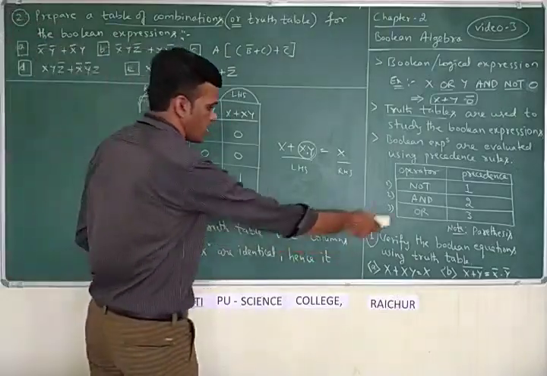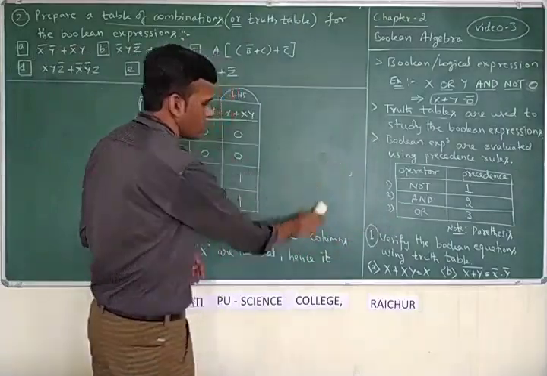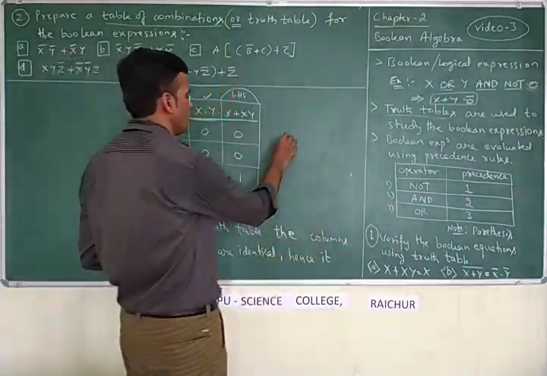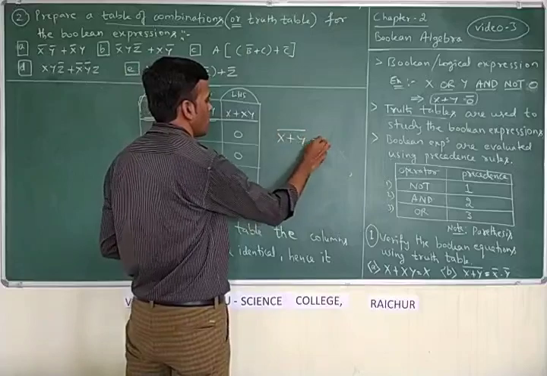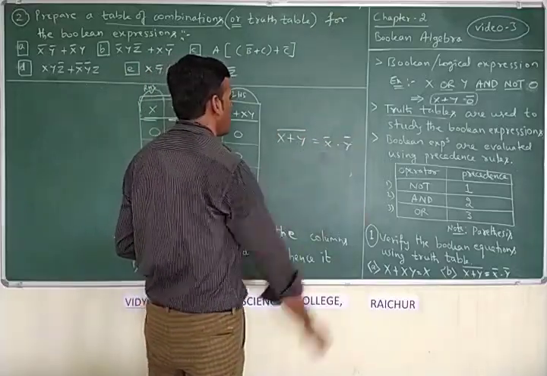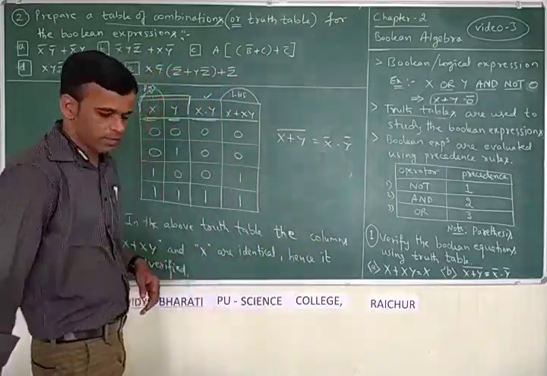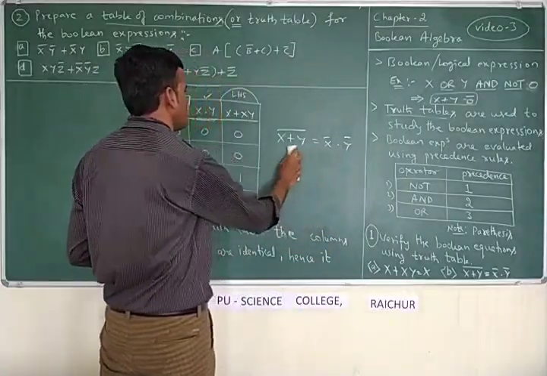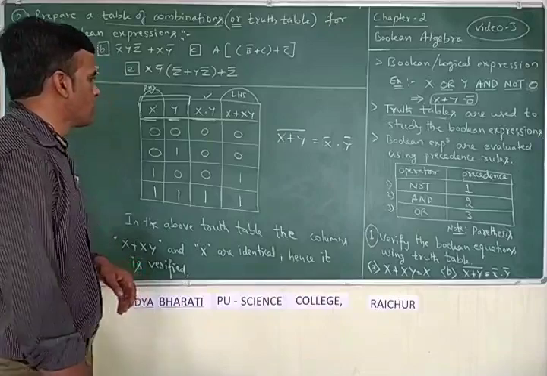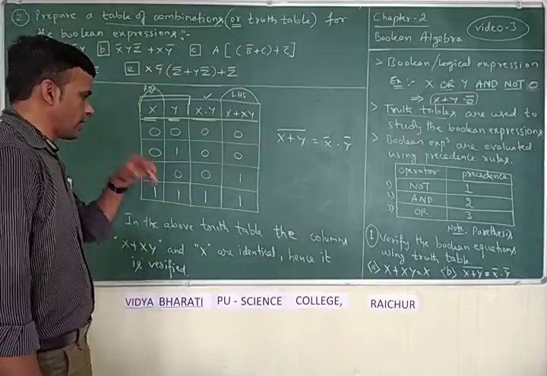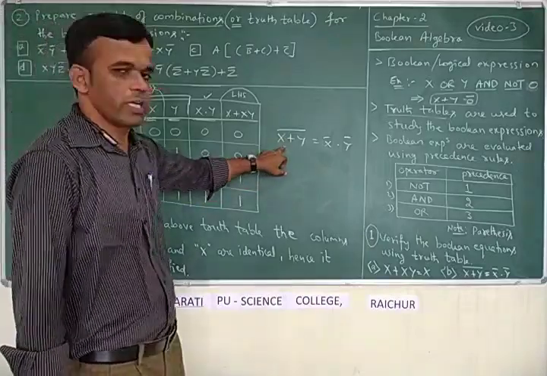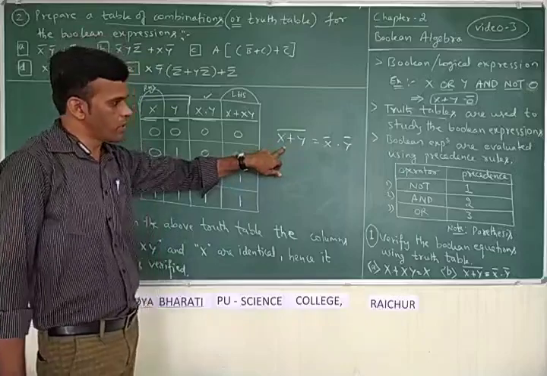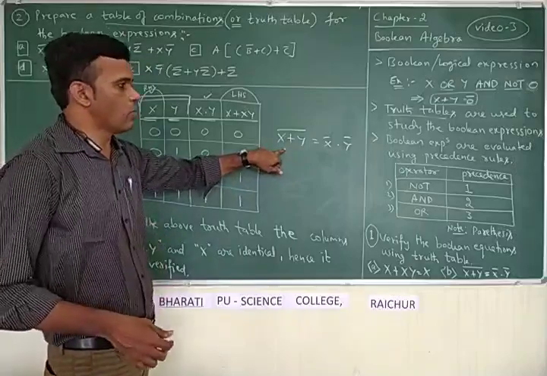Now we will consider the second one, x plus y whole bar equals to x bar into y bar. It is actually one of the De Morgan's theorems. We will see later on about that one.